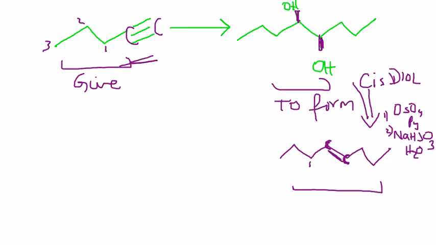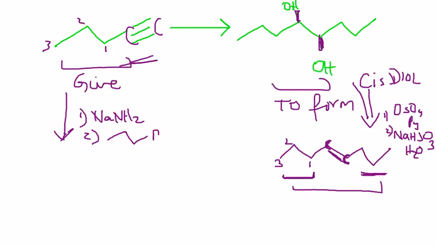So those could end up being the same chain that you have in the alkene, and that means you definitely have to carry out a chain elongation. So if I were you, I would begin by treating this with NaNH2, followed by a 3-carbon iodopropane, bromopropane, whatever you want it to be. And then we'll add the 3 carbons.